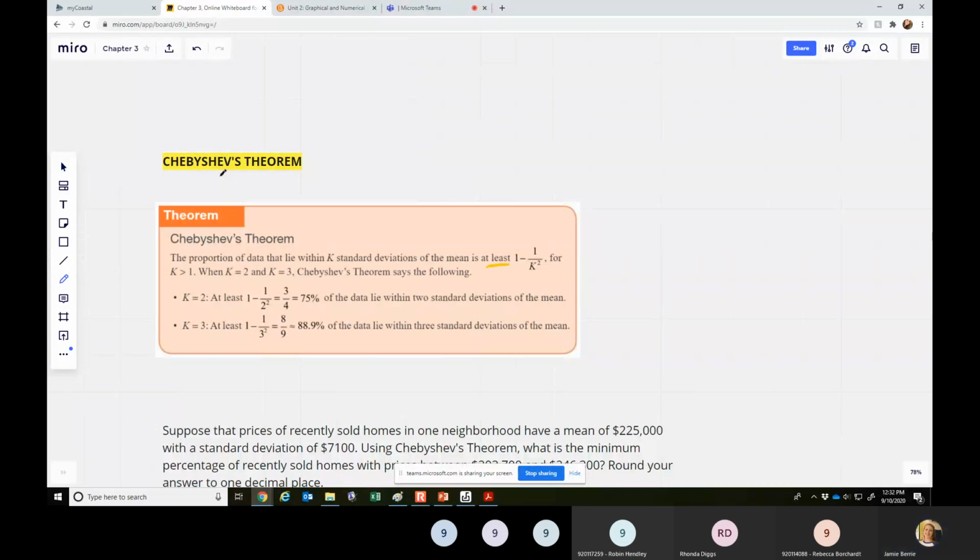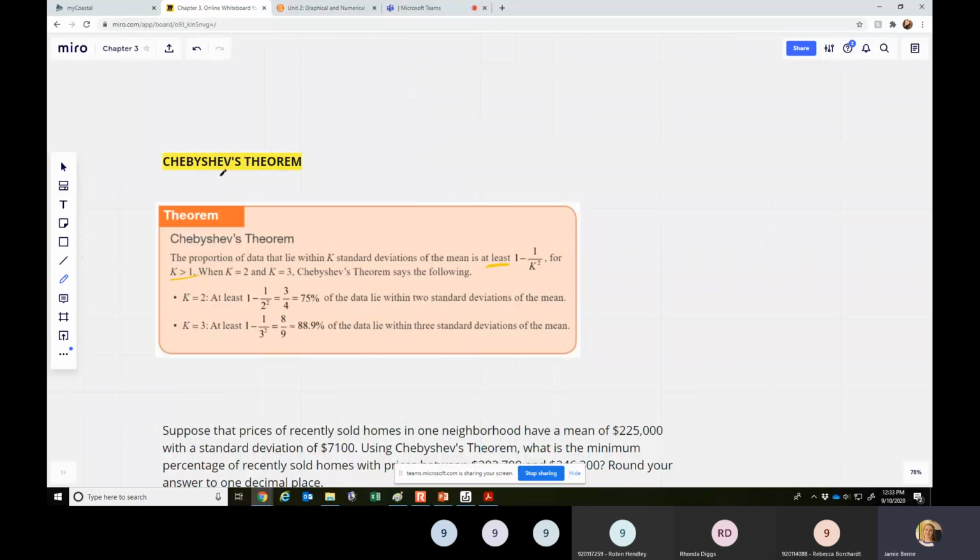So you cannot use this formula for any k values that are 1 or smaller. This only works for values of k greater than 1.